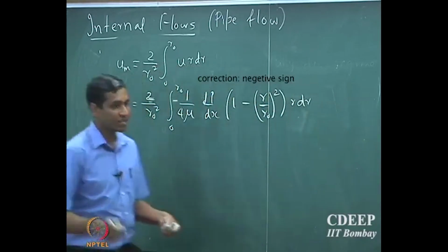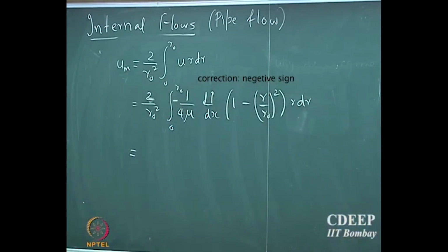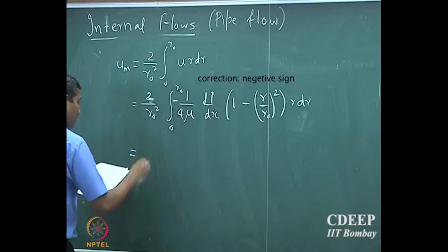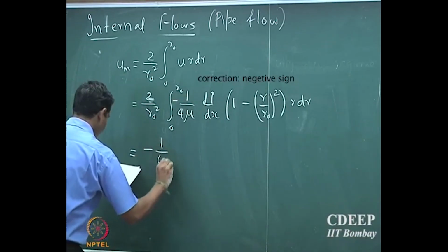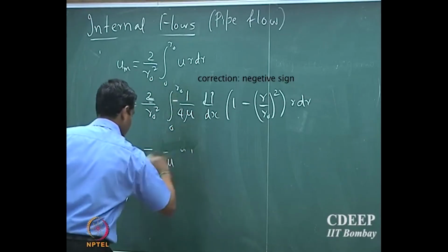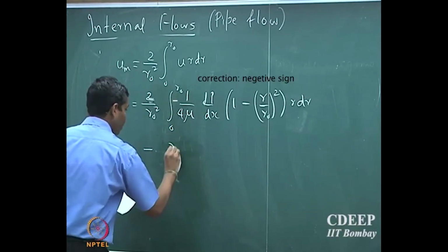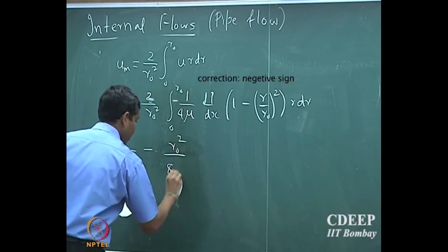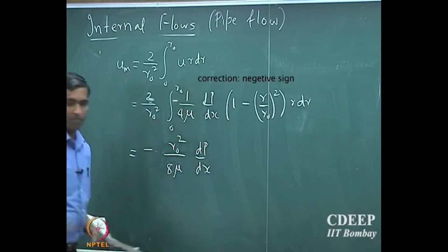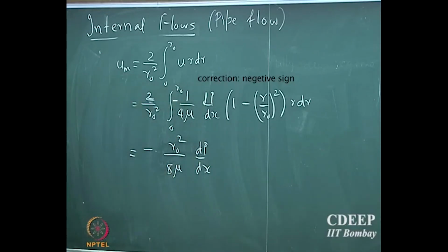I am not going to do the integration here, I'll just give you the final expression. So the integral will be minus r naught square by 8 mu into dp by dx. Okay, so that will be the average velocity.